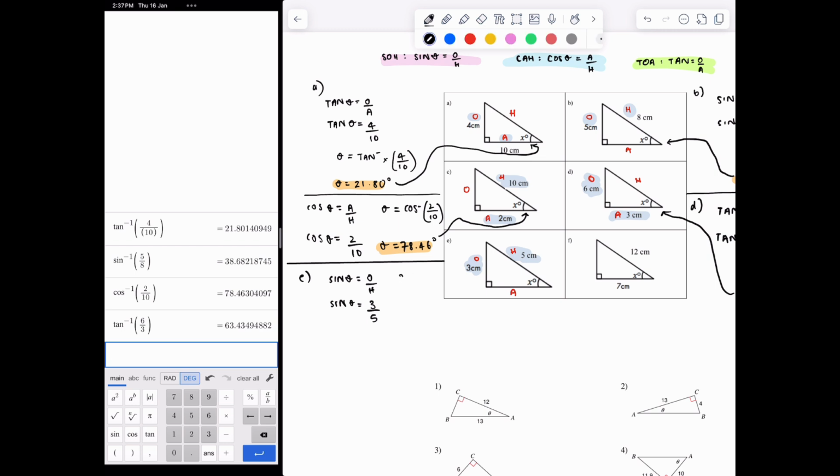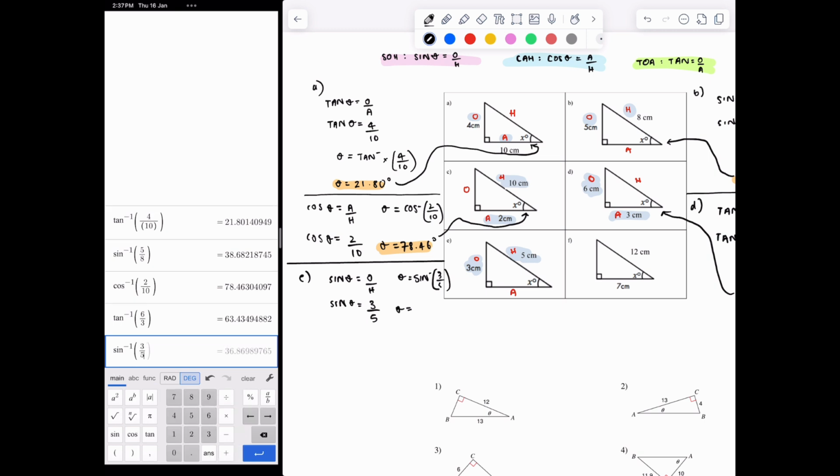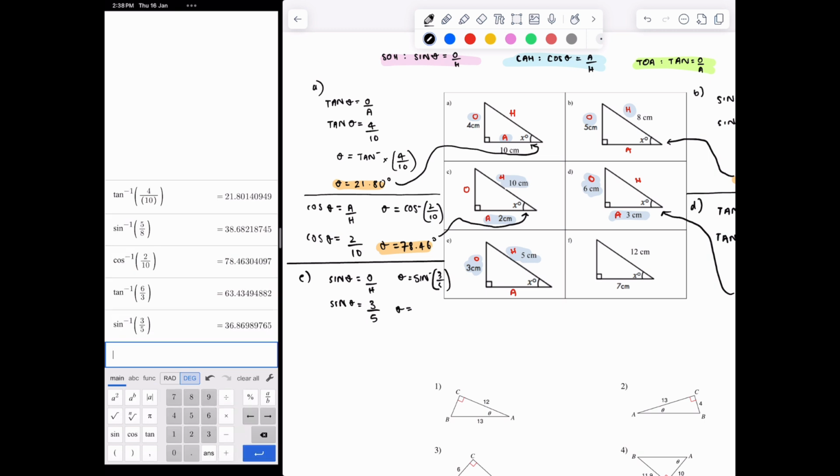Rearrange to find the angle. It's going to be inverse sine times 3 over 5. So we've got theta equals inverse sine 3 over 5. And that is 36.87, I'll round it up. And that is the missing angle.